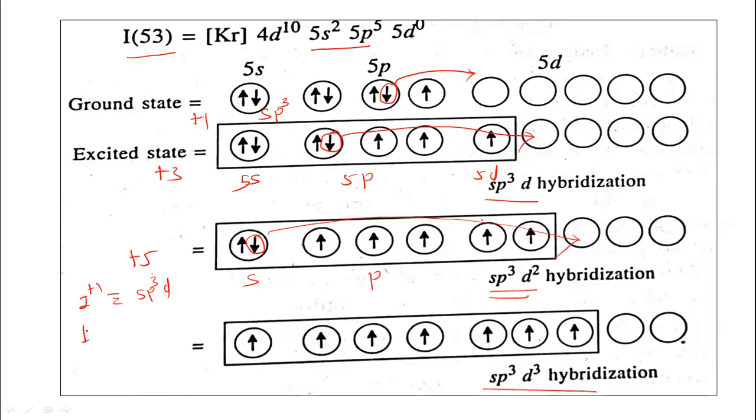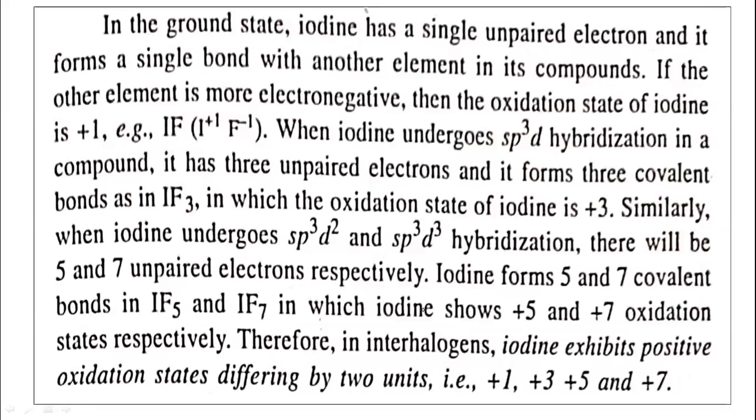In the +3 oxidation state, it is sp3d hybridization. In the +5 oxidation state, it is sp3d2 hybridization. And in the +7 oxidation state, it is sp3d3 hybridization. So iodine shows such higher oxidation states. There is some specific reason.